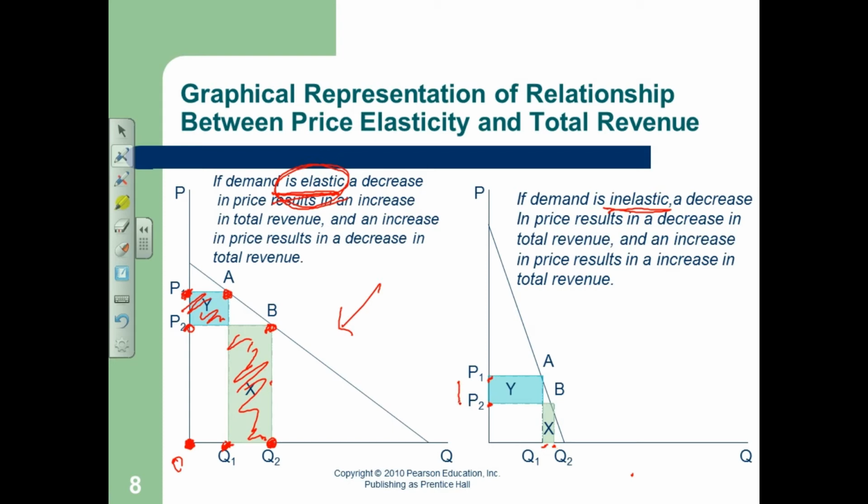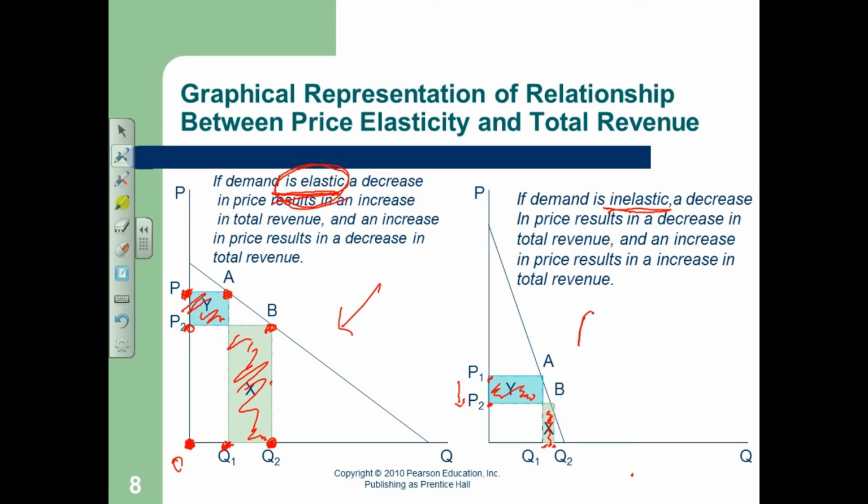When you lower the price from P1 to P2, what you're losing out of your revenue is this area on the graph, and what you're gaining is this area on the graph. You lose the blue part and you're gaining the green part. Again, what you're losing in this case is more than what you're gaining. That would be your revenue.